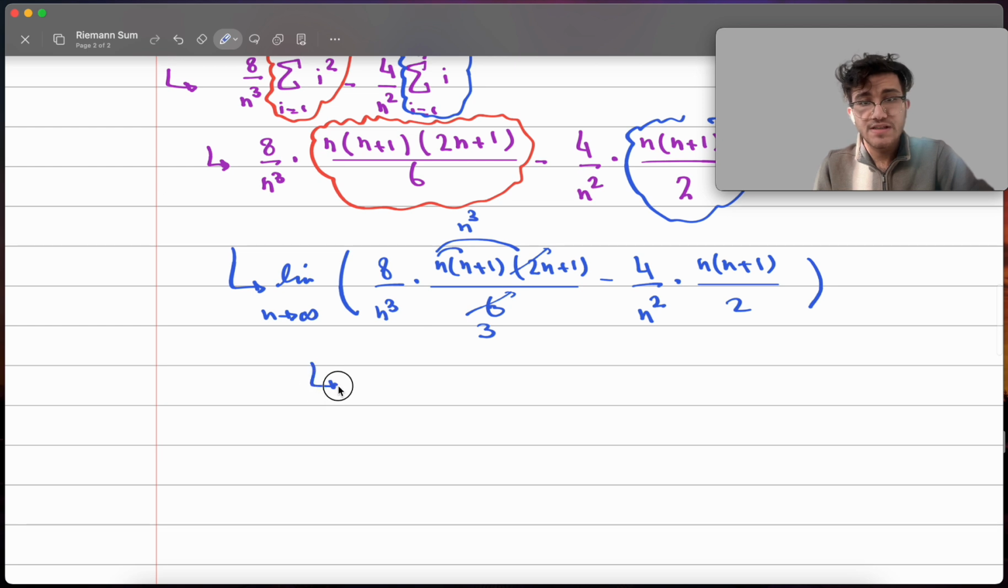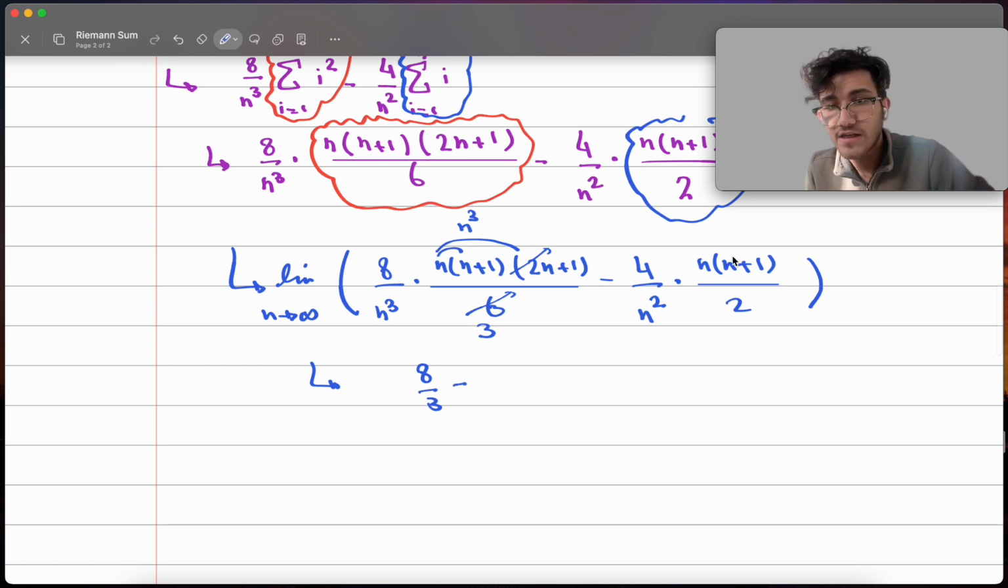So now I have n cubed on top and n cubed on the bottom, so the limit is going to be the ratio, so 8 over 3 is the answer to this part of the limit. Minus, I have right here, n times n going to give me n squared, and on the bottom I have n squared as well, so the limit is the ratio, which is 4 over 2, which is 2.